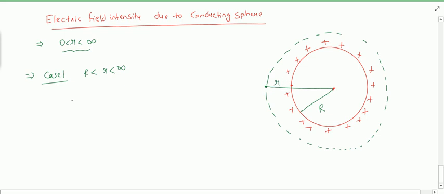Now using Gauss law, D dot dS is equal to the total charge enclosed in it.